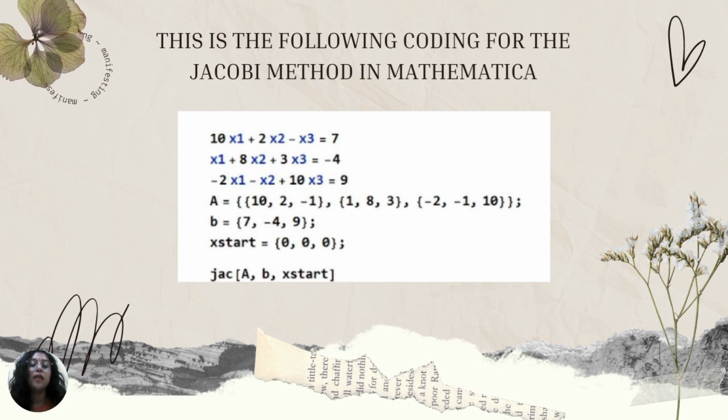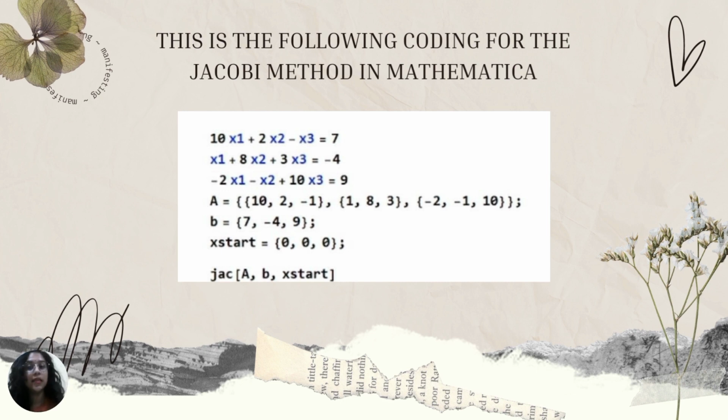Coding type. A, as I said, represents the coefficient matrix. So our coefficient matrix is 10, 2, -1, 1, 8, 3, -2, -1, and 10. And B represents the vector of coefficients, so our coefficients are 7, -4, and 9.